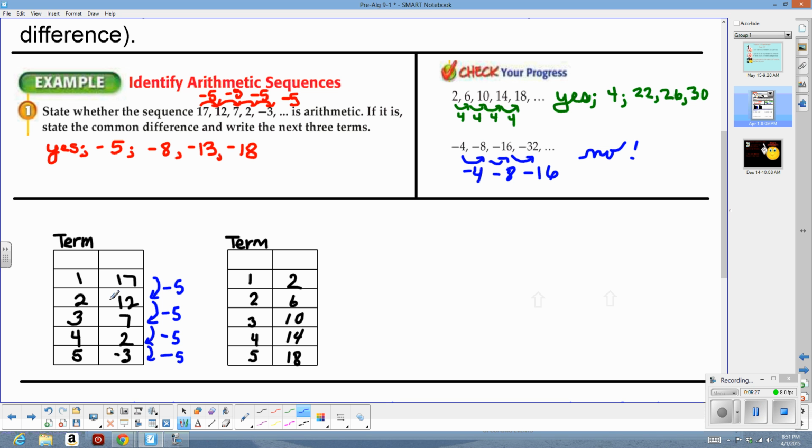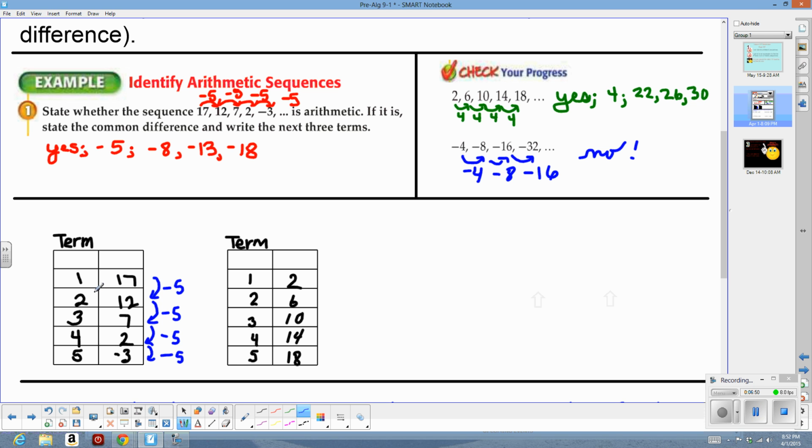What else do we need to do so we end up with these numbers over here? If I take the 1 and multiply it by -5, I get -5, what do I need to add to it to get to 17? That's right, you need to add 22.